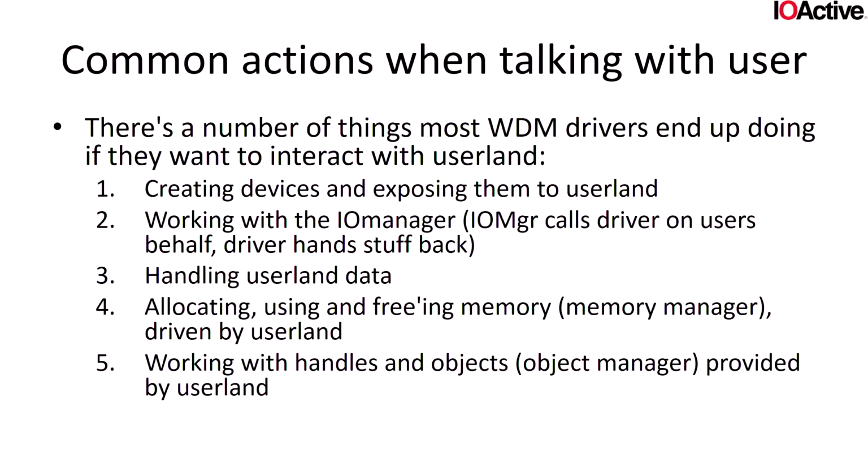Now I come down to what I did: I sat down and looked over what the most common security bugs are in drivers and tried to figure out what the common theme is around all of these. I came up with the idea that there are 5 things most drivers will do if they're talking to userland, where there's potential for attack surface and some kind of entry point.